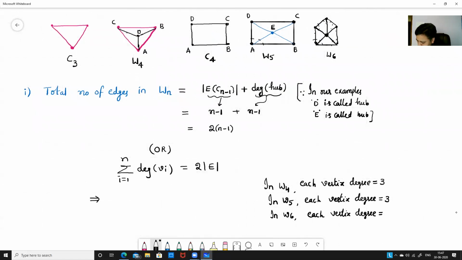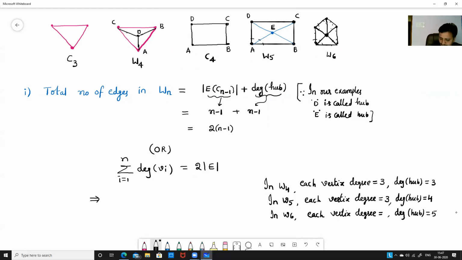Here, the degree of hub is equal to 5. So what did you notice from these examples?